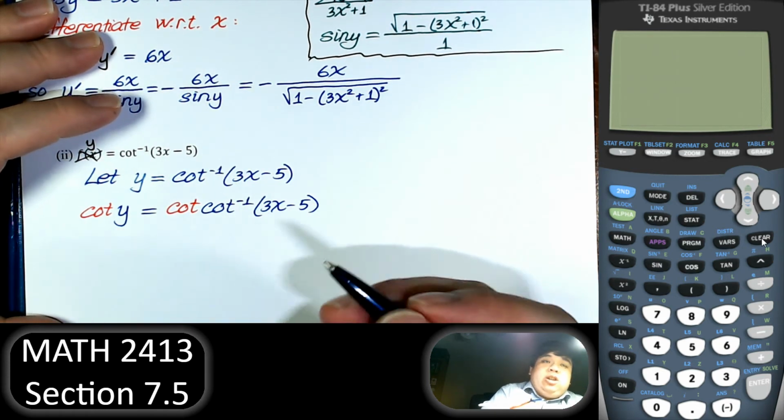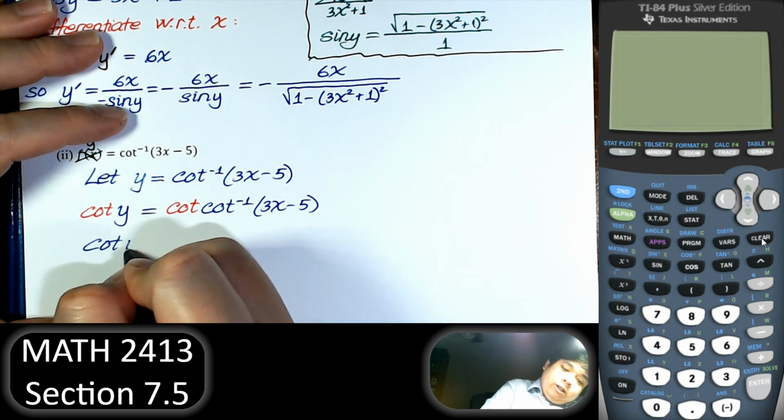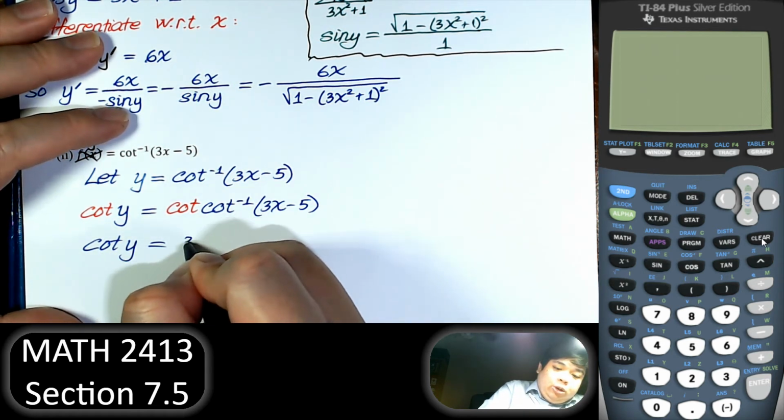Cotangent cancels cotangent inverse. So cotangent of y is equal to 3x minus 5.